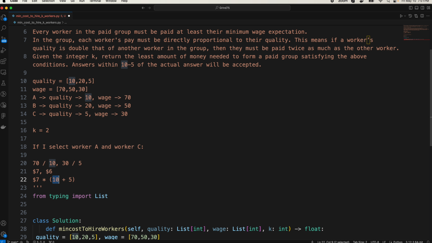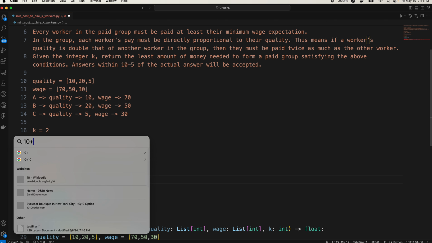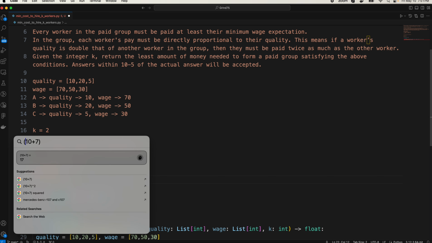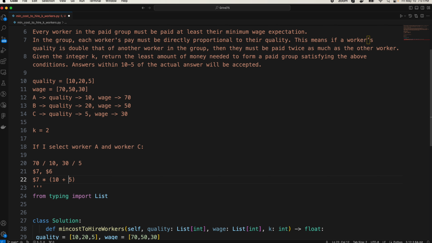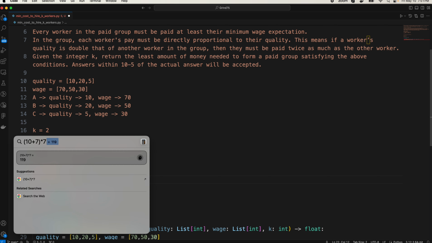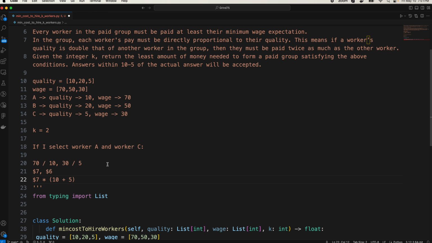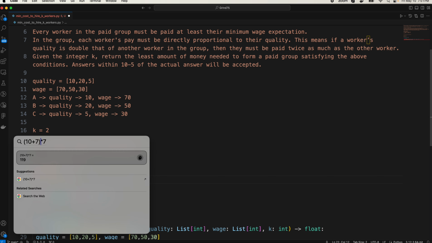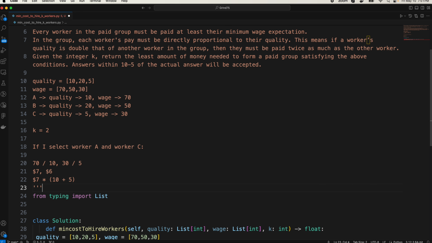For A I have to pay $70, and for C, to make it proportionate to this rate, I have to multiply by the quality of C. So that gives us 10 plus 5, times 7, that is 105. So if I select A and C, it will be 105.